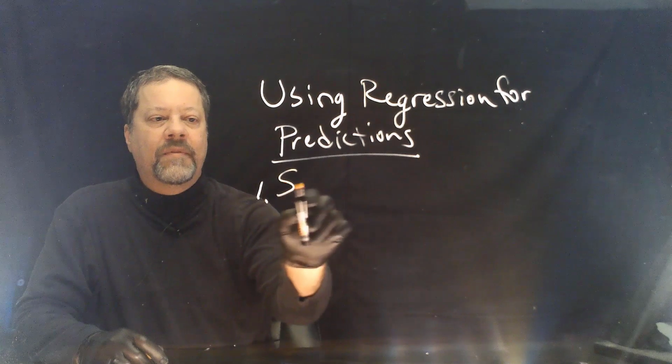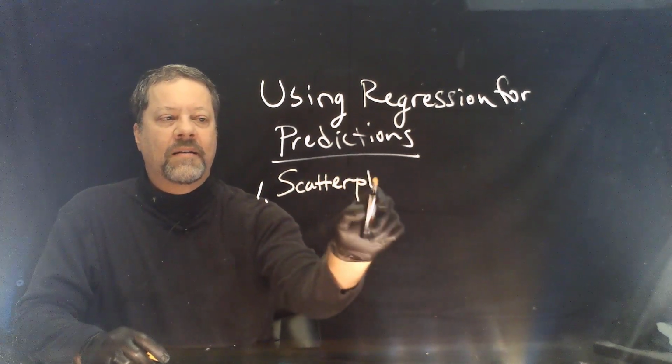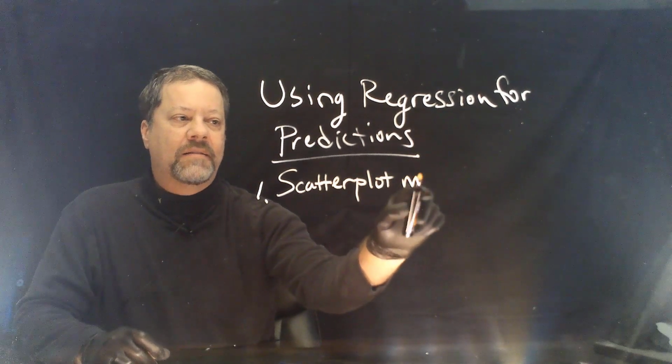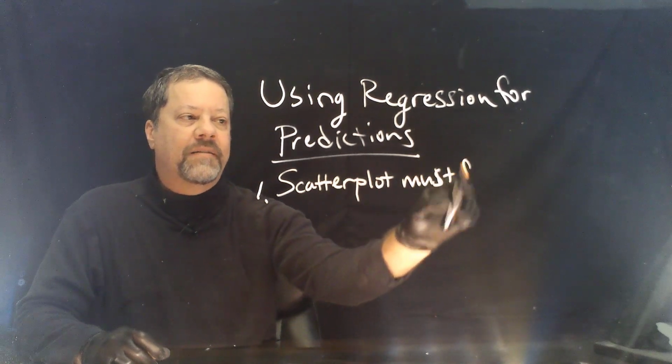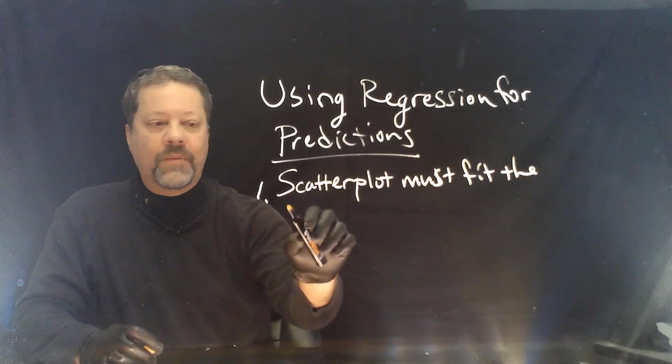First, the scatter plot must fit the regression line reasonably well.